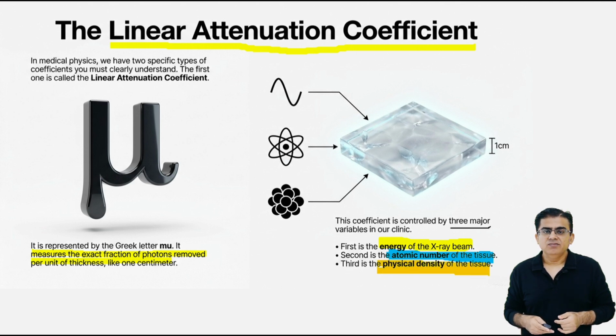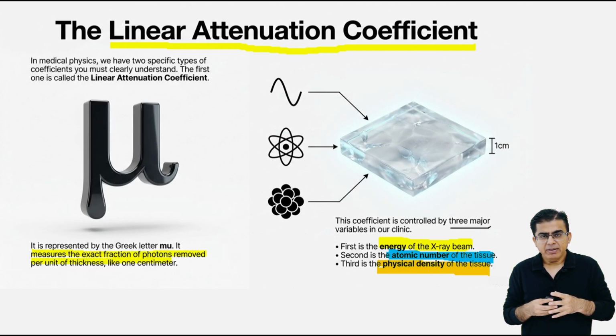This means we must look at how tightly the atoms are packed together inside that 1 centimeter volume. Tissues that have their atoms tightly packed will obviously block more photons. But this strict dependence on physical density creates a very interesting clinical problem for physicists.